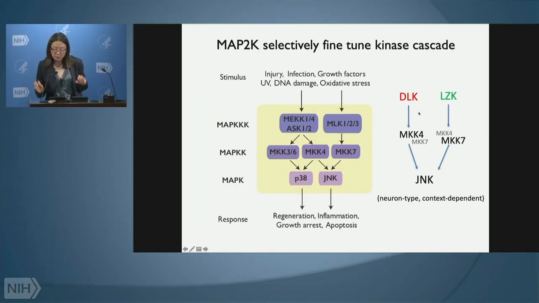So both kinases, even though in cell culture they behave the same, in neurons they seem to have neuron type specificity depending on their downstream signaling.